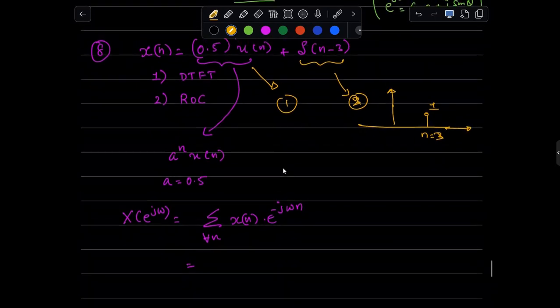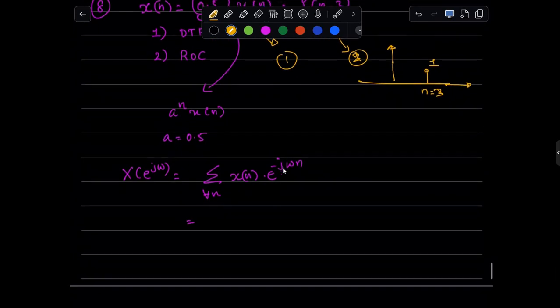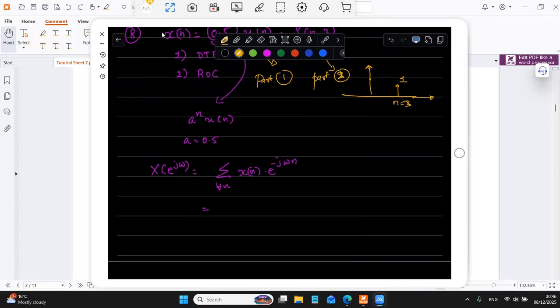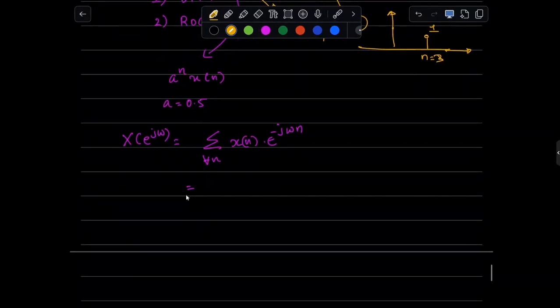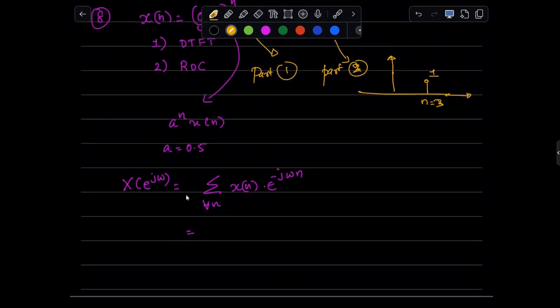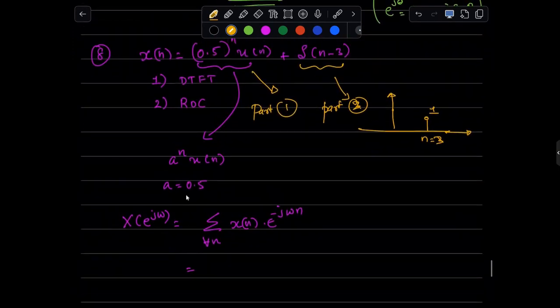Okay, so it is easy to find the Fourier transform. I will first find the Fourier transform of the first part. So I can say part 1 and part 2. Now you see the Fourier transform of this signal is like 0.5 into e power minus j, 0.5 times 0.